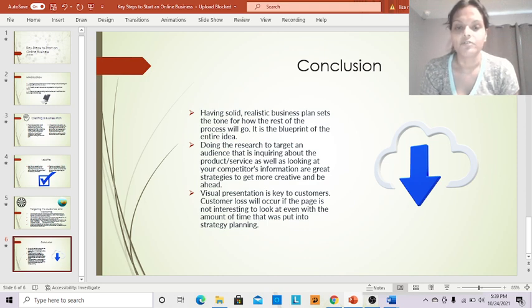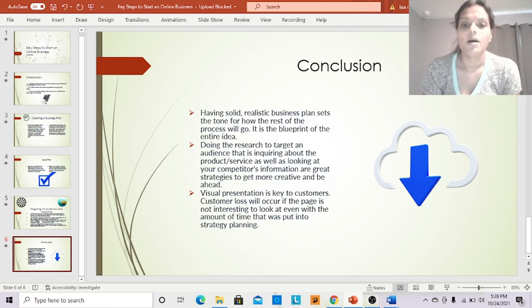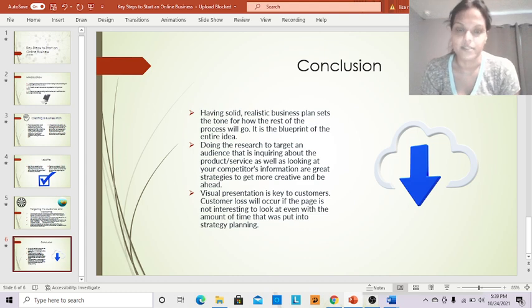In conclusion, having a solid, realistic business plan sets the tone for how the rest of the process will go. It is really the main idea of the entire business, and as long as it's documented, it's a clear plan of how you want the business to progress.